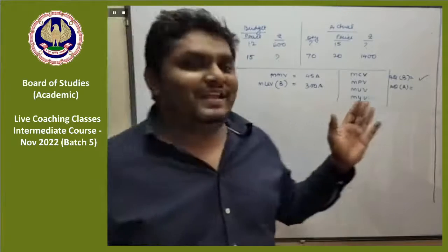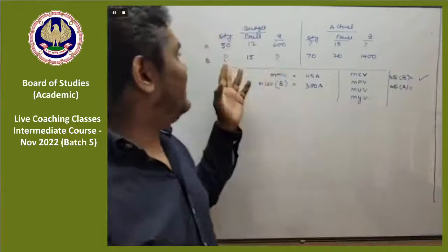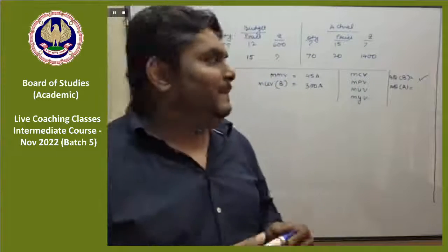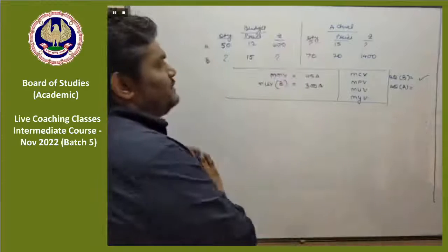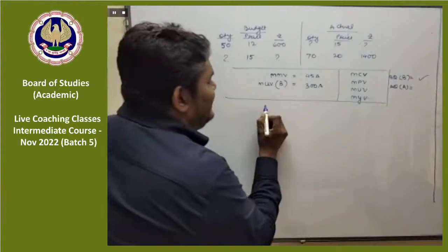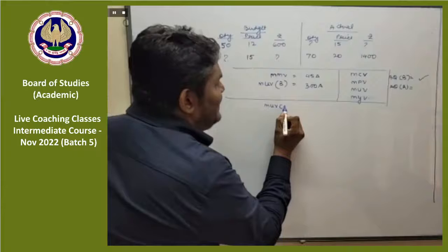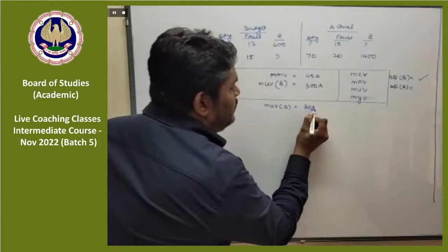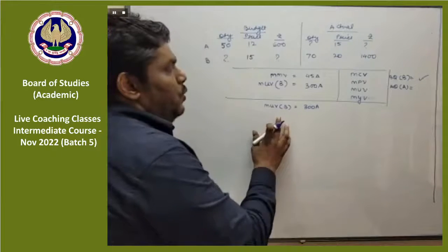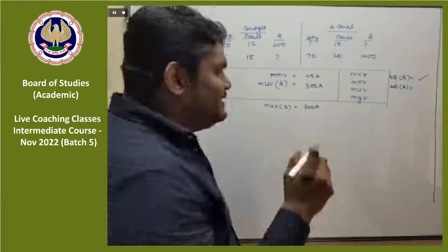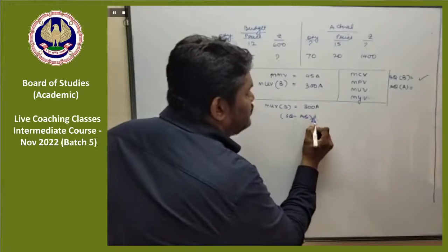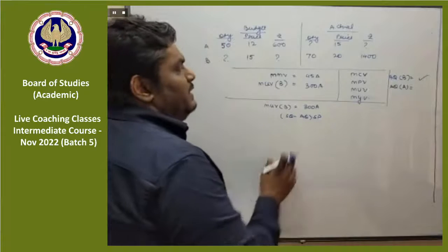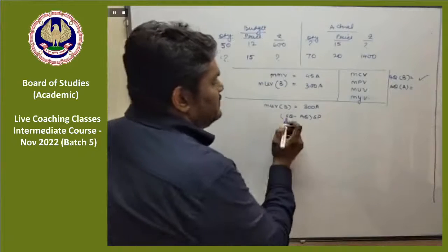So for your ease, I'm discussing this part, that is the budgeted quantity of B. It's very simple, guys. The material usage variance of B is given, that is 300 adverse. The formula is standard quantity minus actual quantity into standard price, and this is 300 adverse.